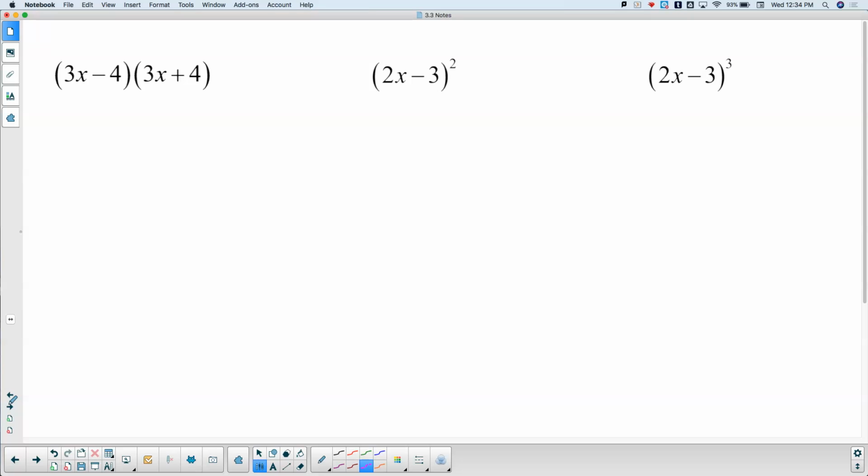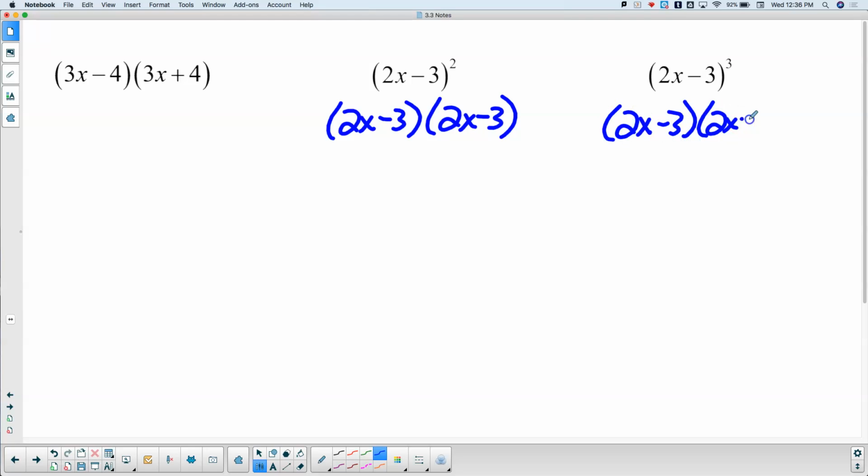Try those 3. Agree with me on 9x squared minus 16 for the first one?